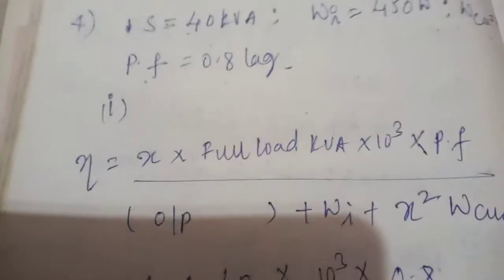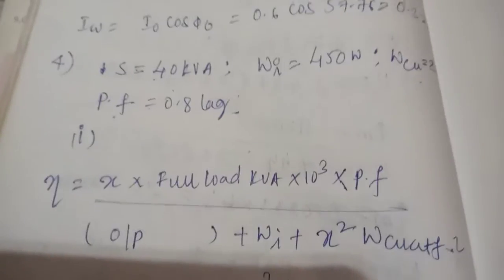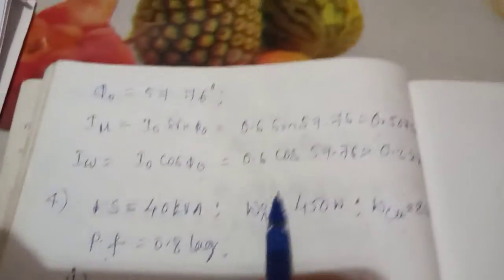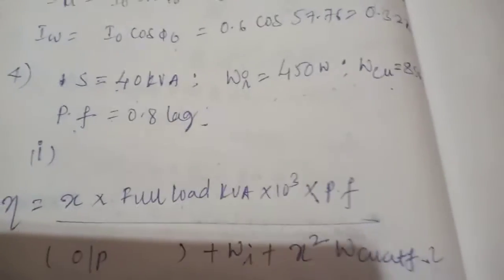0.8, divided by the same thing: 1 into 40 into 10 to the power of 3 into 0.8, plus WI. What WI have they given? 450 watts. So 450 plus X square, X square is 1 square, into the copper loss at full load, 850 watts.